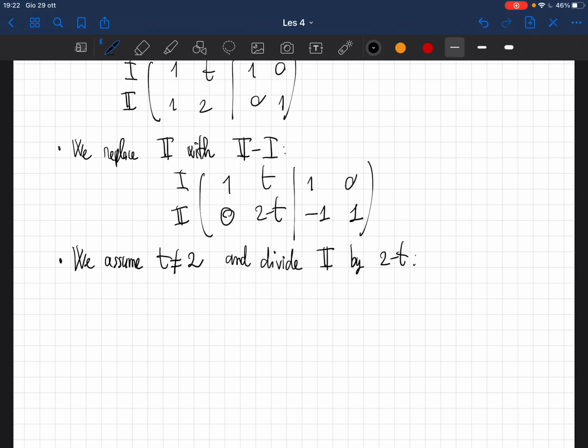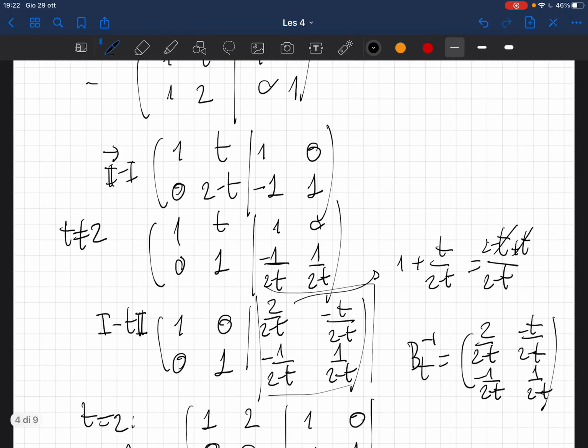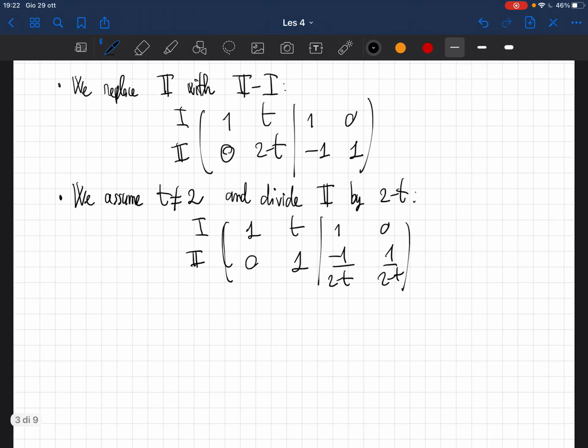Okay, very good. So you get this: 1, t, 1, 0, 0, 1, minus 1 over 2 minus t, 1 over 2 minus t. Let's check if it's correct. Looks fine. Yes. Okay, and then we go on.